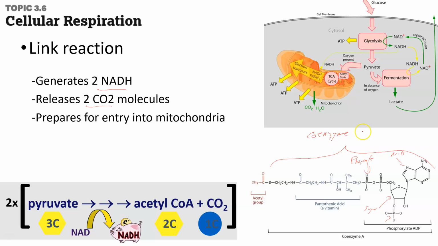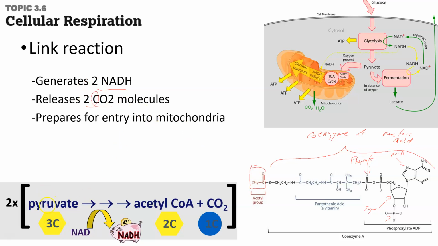Coenzyme A. Okay, if you said nucleic acid, you would be right. Nucleic acids have all of these features. Of course, you've also got this strange piece coming off here, this vitamin. And this part over here is that pyruvate molecule, which has been stripped of 1 carbon.